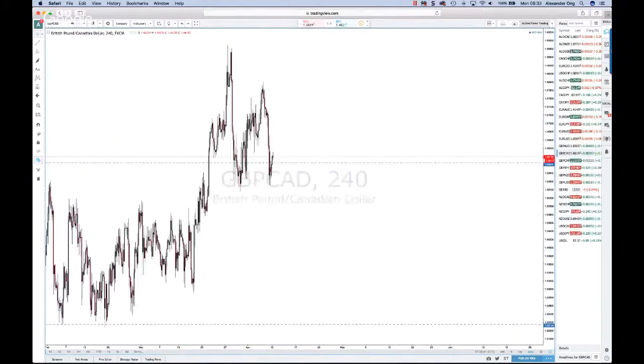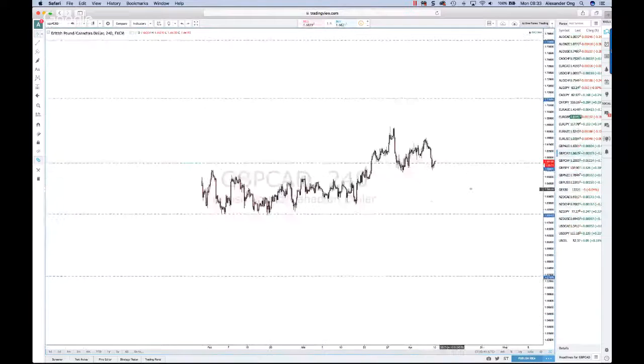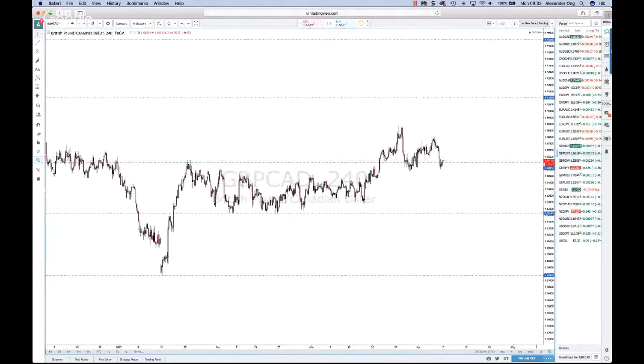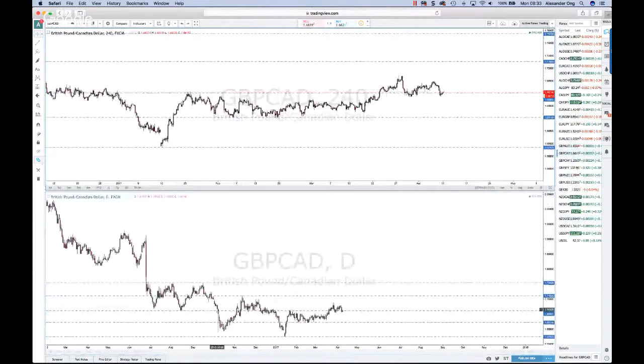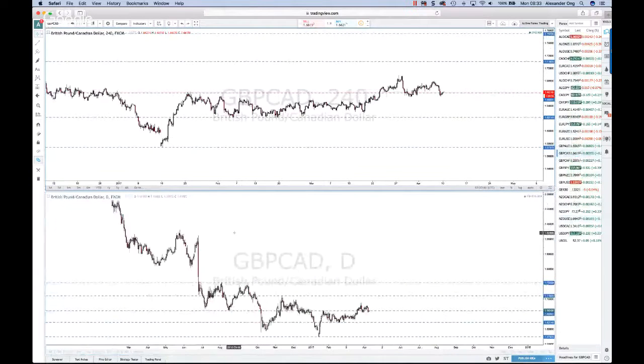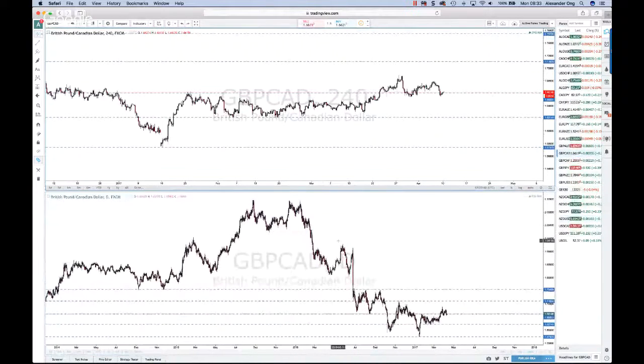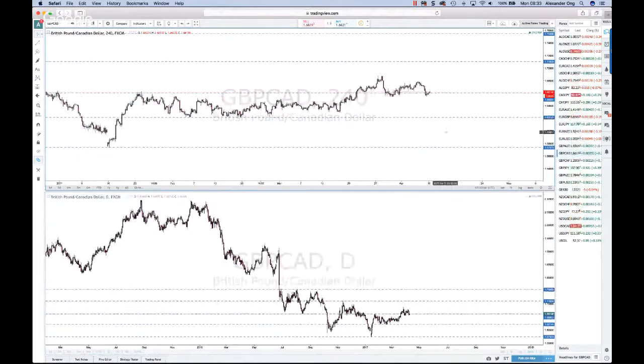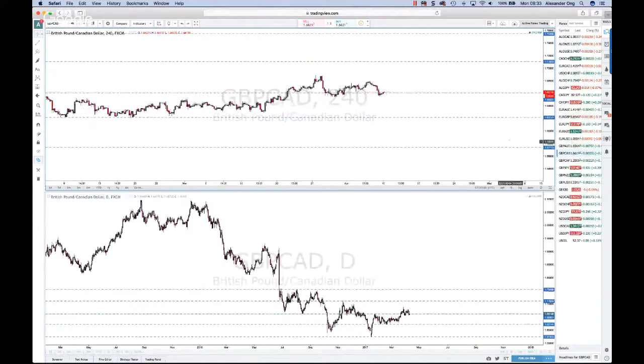So where were we? Pound CAD. Definitely here you can see that we are in a big downtrend. But in terms of immediate opportunities, there's nothing really that I'm in love with at the moment.